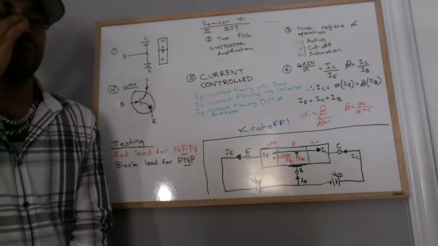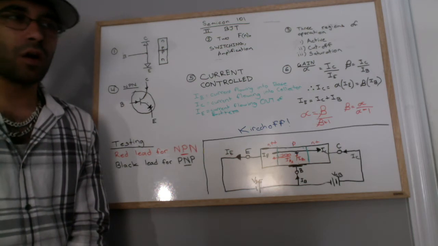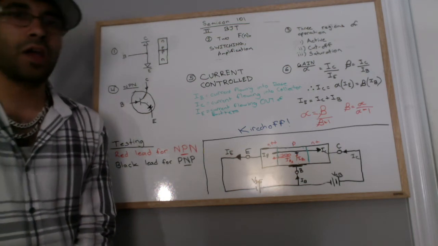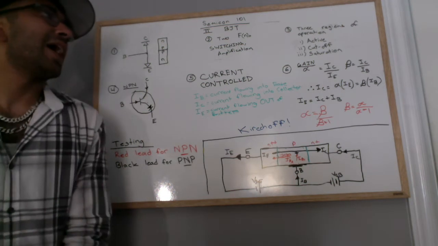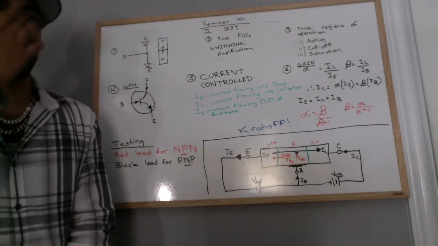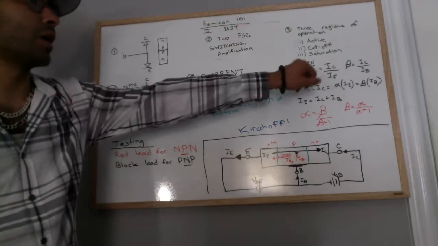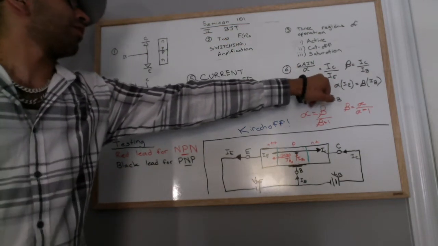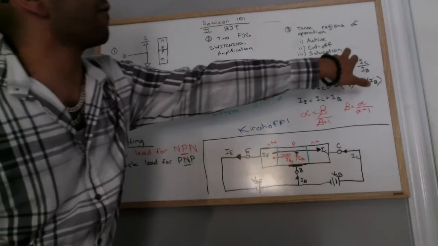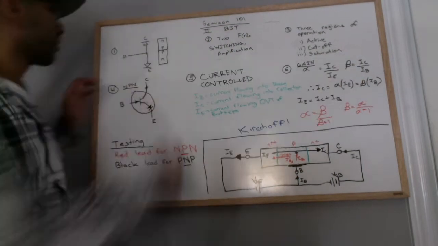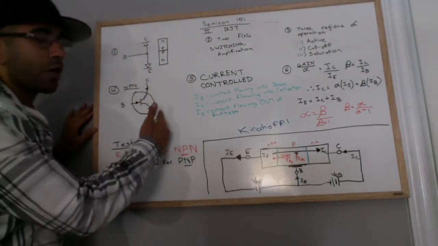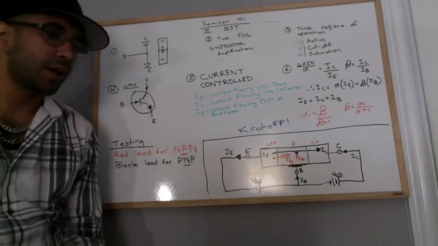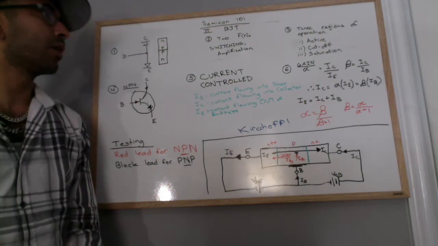In terms of amplification and a lot of other things in general, all transistors have an alpha and a beta ratio. The alpha is the ratio between the collector current and the emitter current. So this would be the current flowing into the collector as such and out of the emitter. Now I'm talking about specifically NPNs because that's mostly what we use.